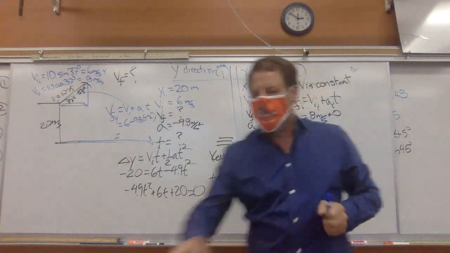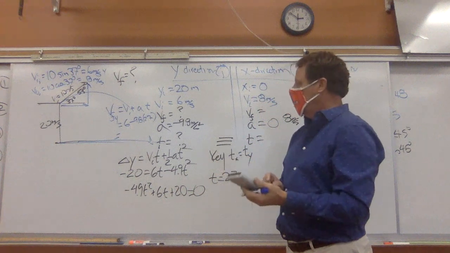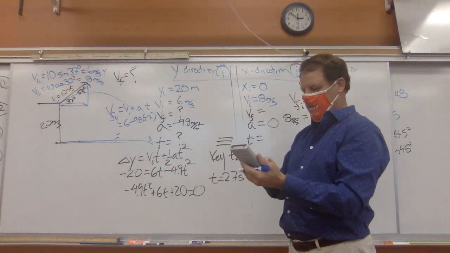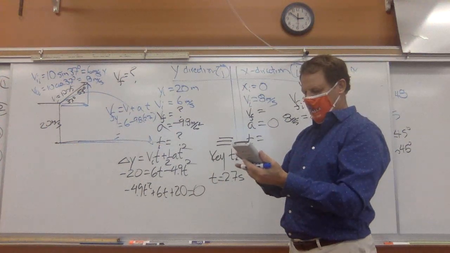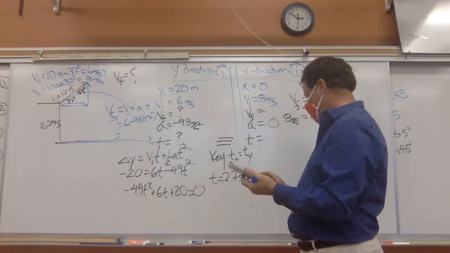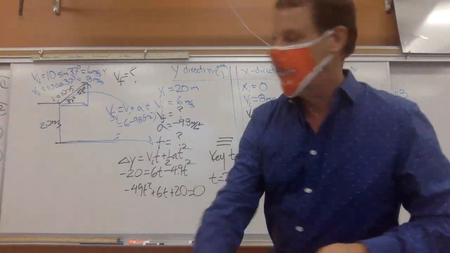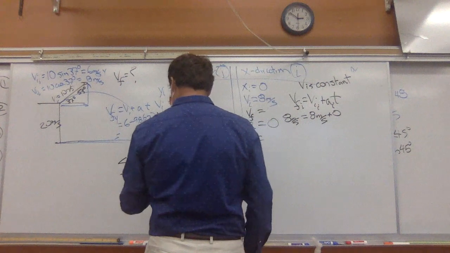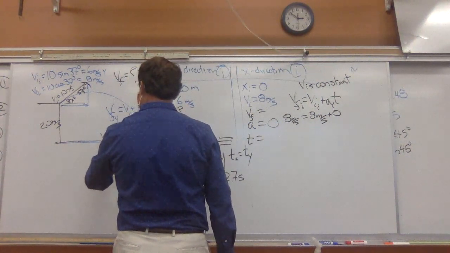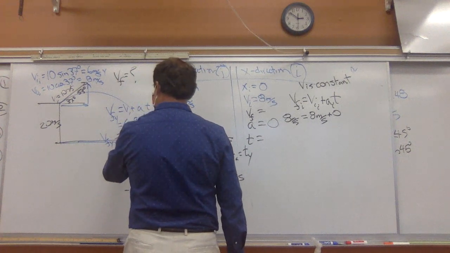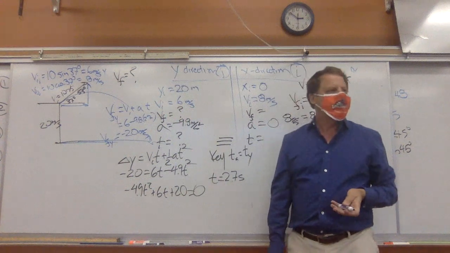Okay? And that is going to equal negative 20.5. So let's just call it V final y. Let's just call it negative 20 meters per second.